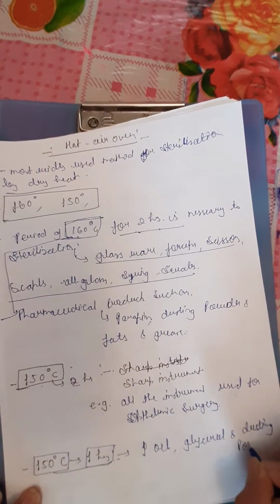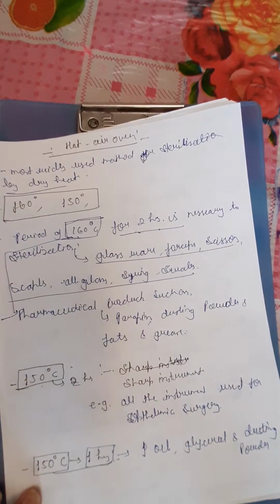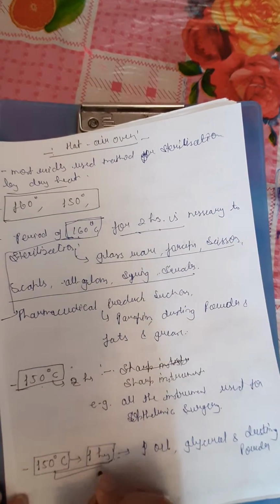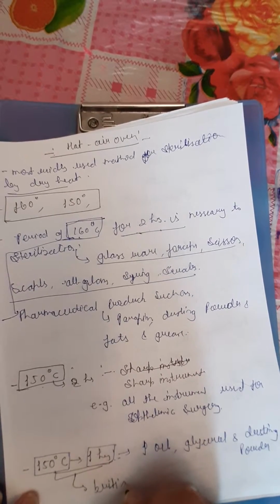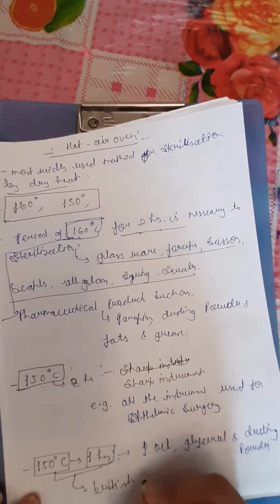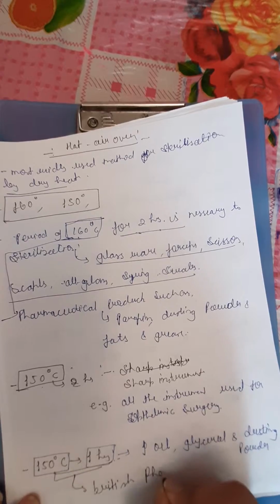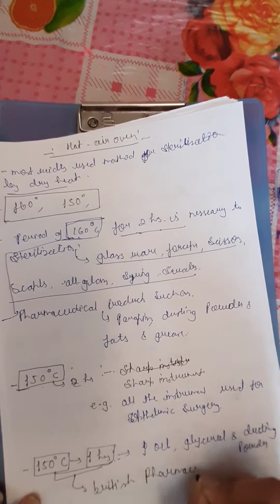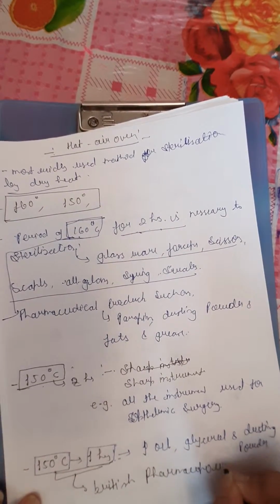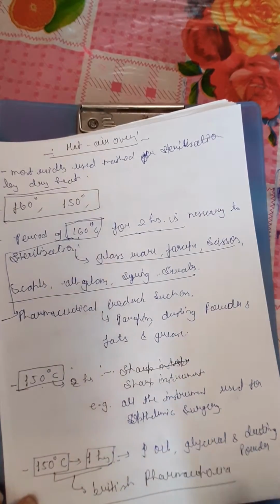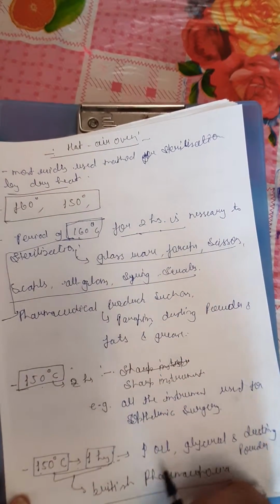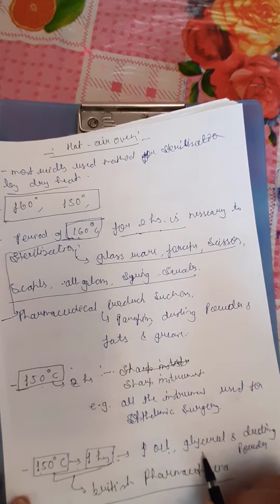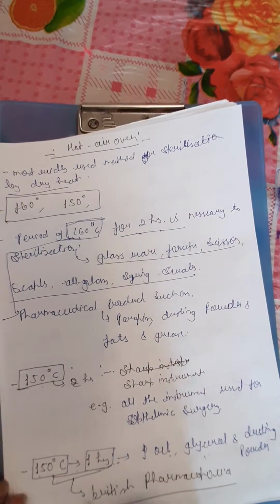This was firstly done by the British Pharmacopoeia. So at 150 degrees for 1 hour, we sterilize oil, glycerol, and dusting powder.